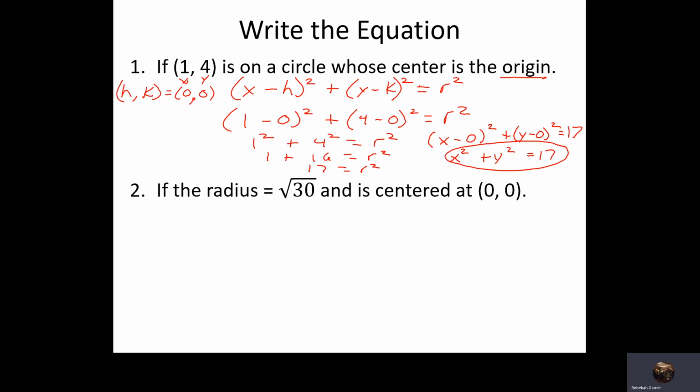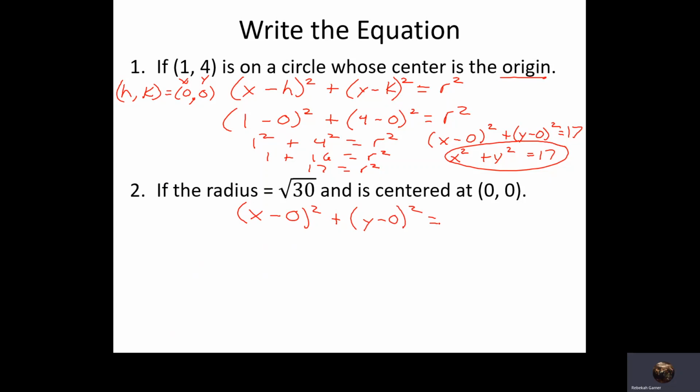All right, so we're given that the radius is the square root of 30, and it's centered at (0, 0) again. So it's x minus zero. We'll plug in what we can. What should I plug in for h? 0. What should I plug in for k? 0.